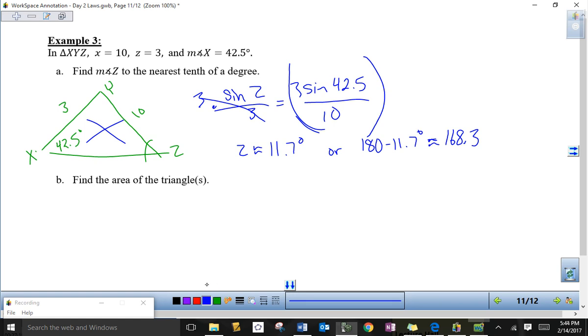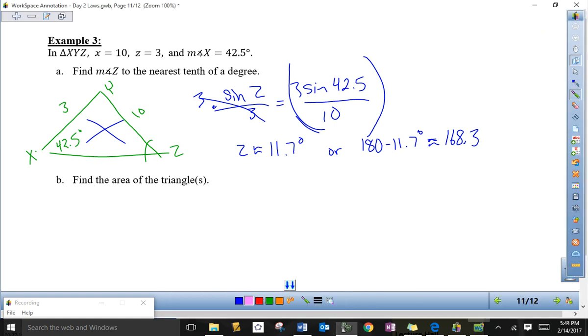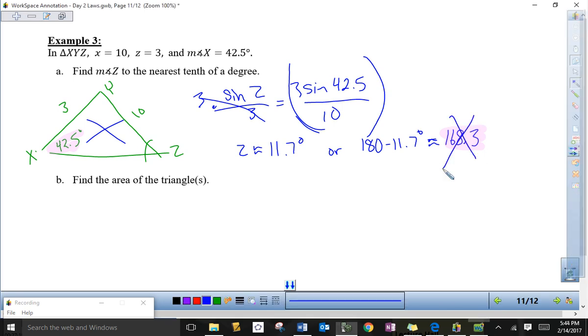Now, if I look back in my triangle here, 168 and the one I was given, I go over 180 degrees. That means this angle cannot exist in this triangle. So this is one of the situations where the supplement does not work. Okay, you just have to check it. Okay, so the supplement does not work here.